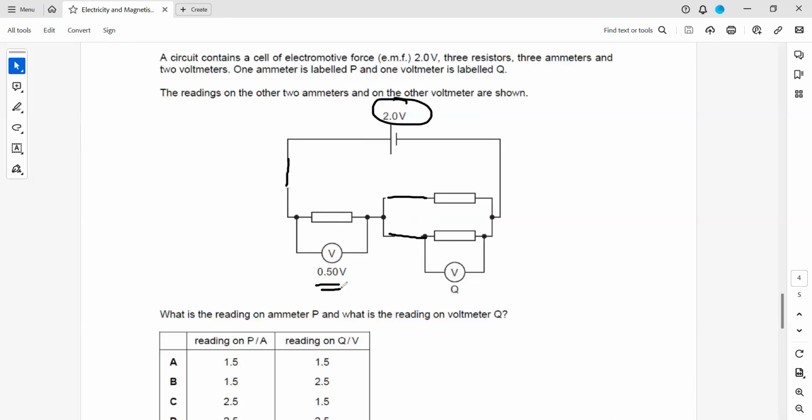So out of 2, if 1.5 is here, how much voltage will be here? 1.5, and what voltage will be here? 1.5. Why? Because voltage in series divides, like these two parallel branches are in series with a single one.